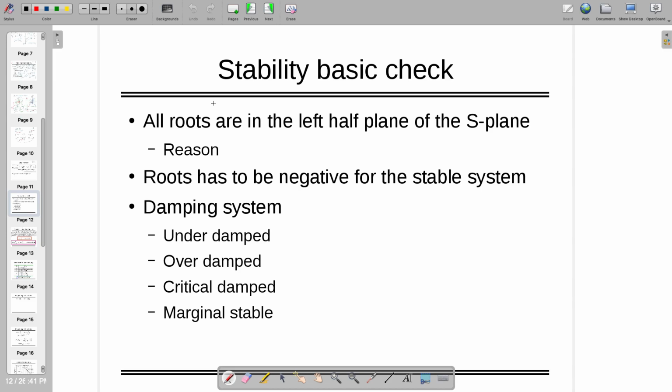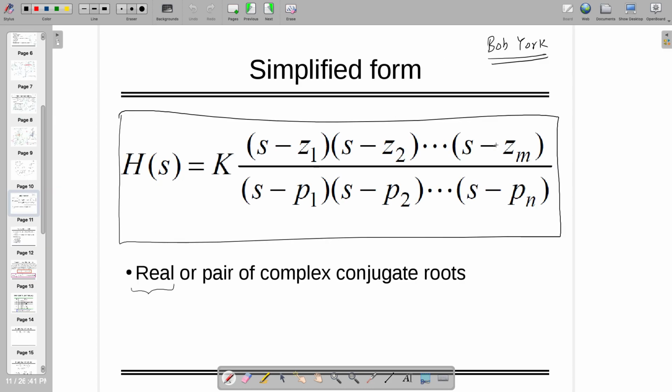One more thing, if I want to make the system stable, I am going to keep all these roots, because right now in this simplified form all these roots are available at, if you are drawing real versus j omega, then these roots are this side. Now you understand what a cross is: cross is pole. If I am keeping a cross, it means it's a pole, and this one is a zero.